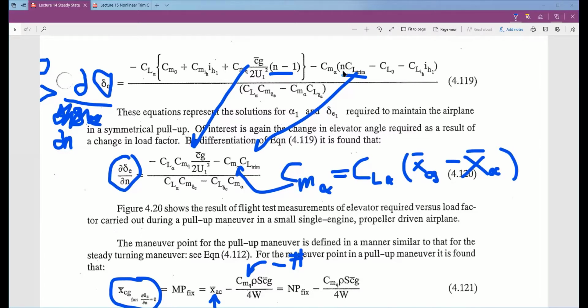So the derivative of n with respect to n is 1. Yeah, this is multiplied by CM alpha, and this is multiplied by CL alpha, so they don't cancel out. You get this term on the top, right? Were you looking at this? Yeah, so the derivative of n with respect to n is 1. The derivative of a constant with respect to n is 0. Right. Yeah.